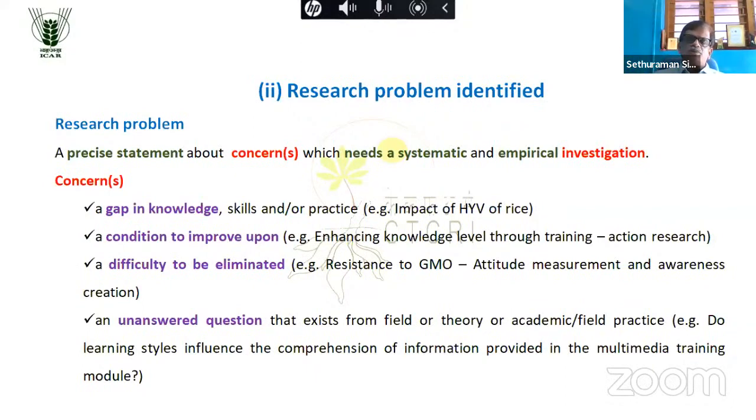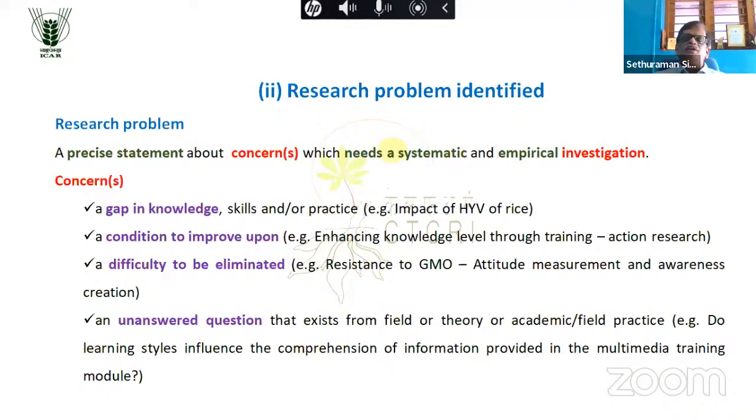But not all problems can be solved through extension research. Somewhere the farmers told that we do not know about improved varieties at all. That means that is an extension problem, so you can do research on that. Sometimes the farmers will say that they will not accept this technology because it is not profitable.